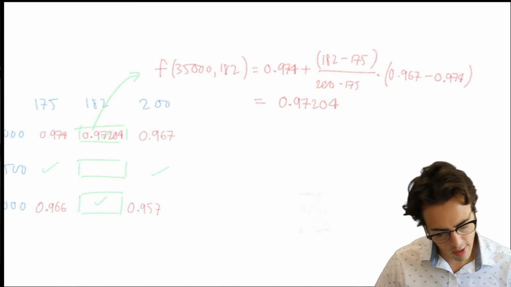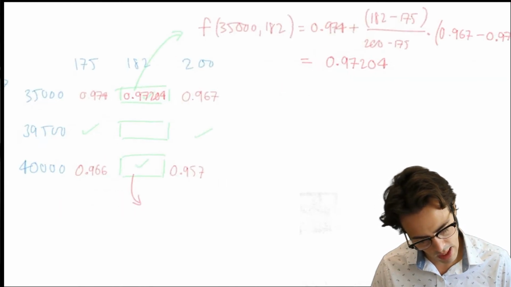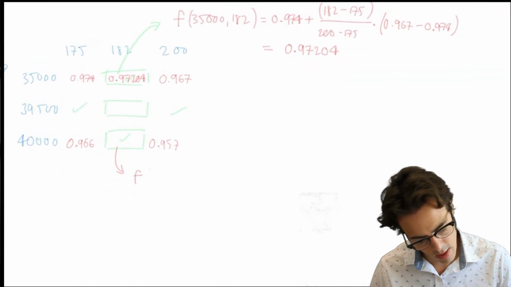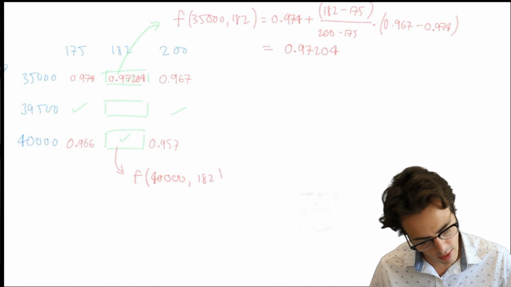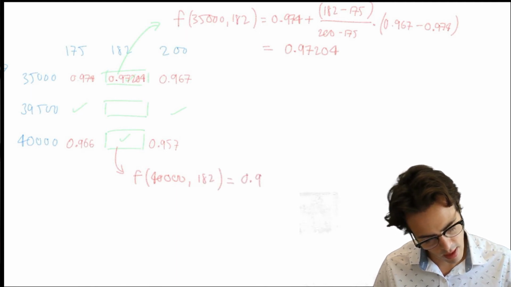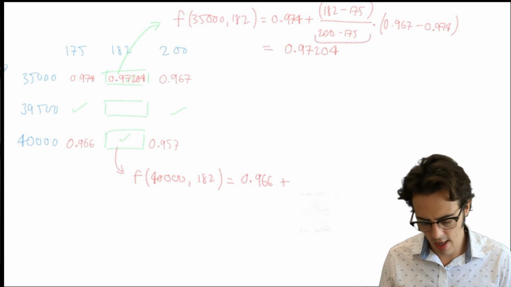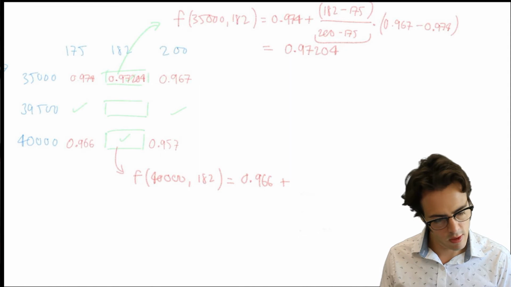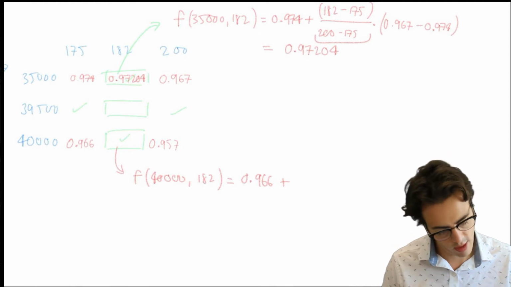So I've got that value here, and I can now work out this one as well. So let's work this one out. This would be the pressure correction value for 40,000 feet and 182 knots. Similarly, that will be 0.966 plus, let's just work out what this is here. This is 182 minus 175 divided by 25. Well, 7 divided by 25.